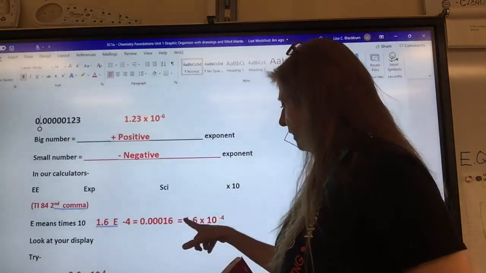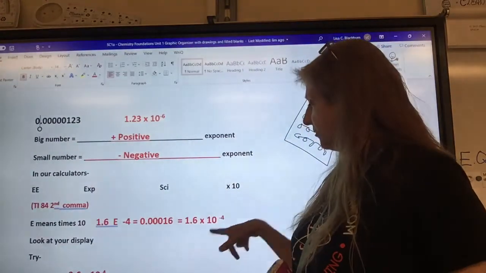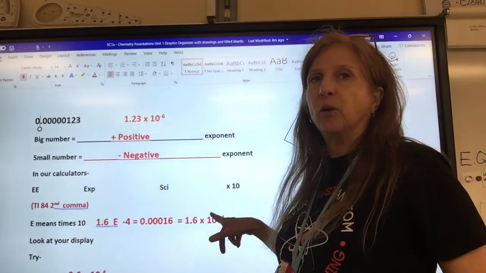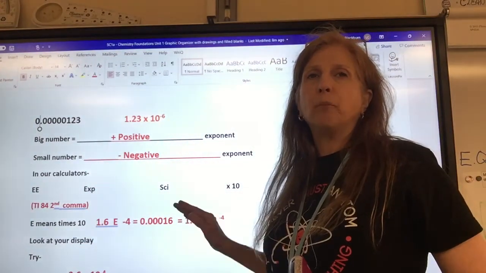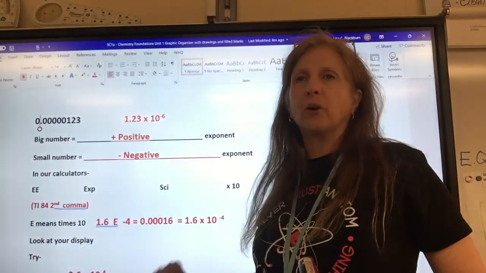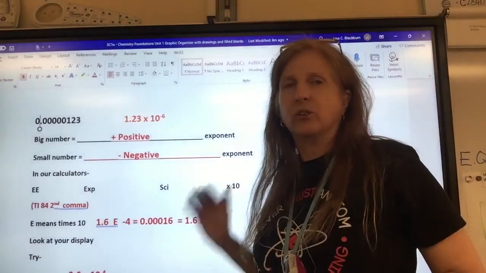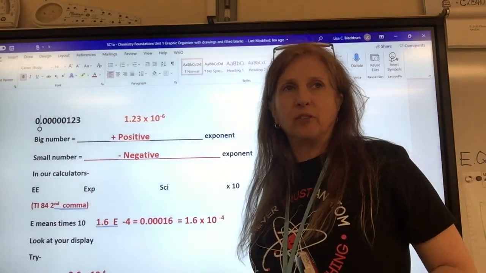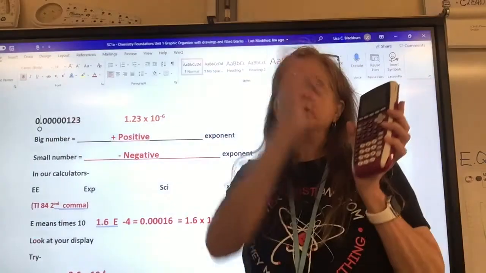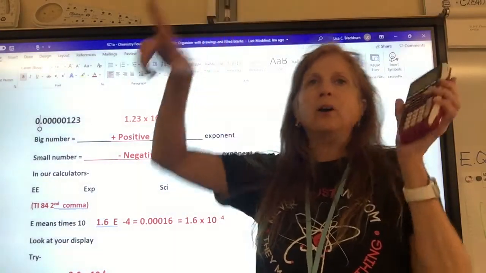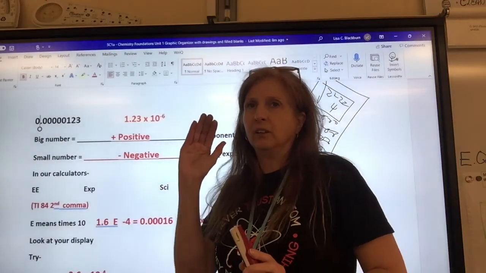If you put it in this way, the calculator sees 2 numbers, 1.6 and 10 to the -4th. And your calculator gets confused and will separate it with what's in numerator land and what's in denominator land and what's in exponent land, and you'll get the wrong answer. Does everybody understand? So don't do times 10 exponent like that. You will get the wrong answer, I promise you.